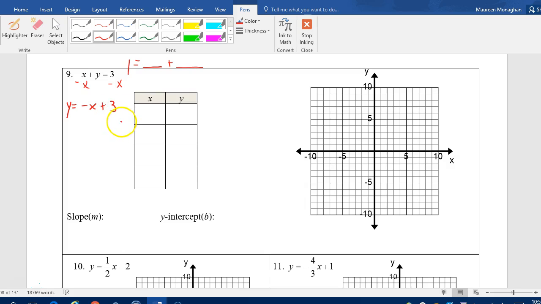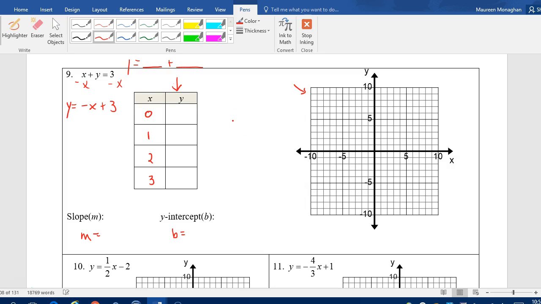Now do you see it? Okay, let's use 0, 1, 2, 3 again. I want you to find the y's. I helped you get the equation. You're going to graph it, and you're going to tell me the slope and the y-intercept. Okay, so we have 9 on your own.